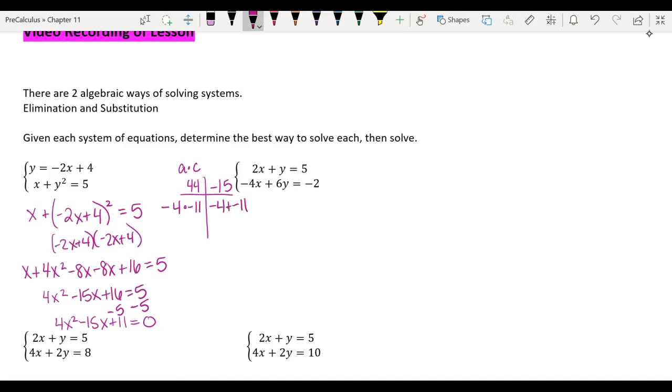What do you have to do next, which is the most common thing? Divide by A. So you have to divide by 4. So you get negative 1 and negative 11 fourths, which ends up being x minus 1, 4x minus 11 equals 0. So what are your two x values? 1 and 11 fourths.